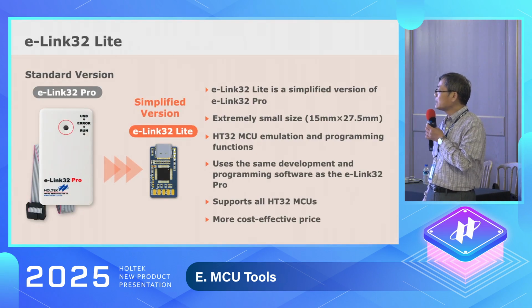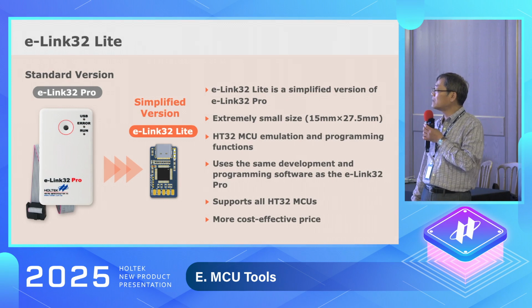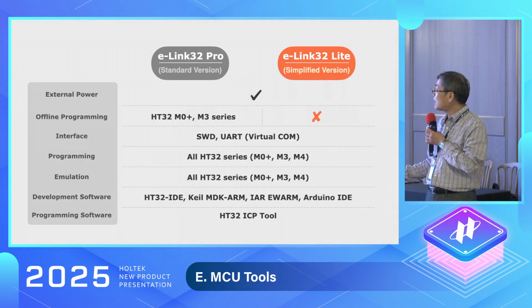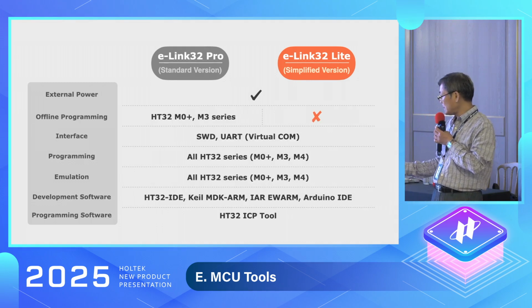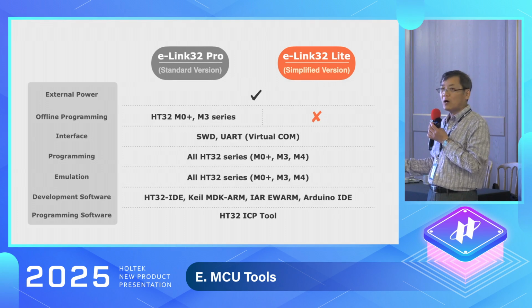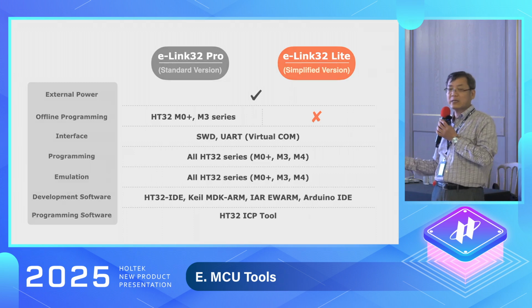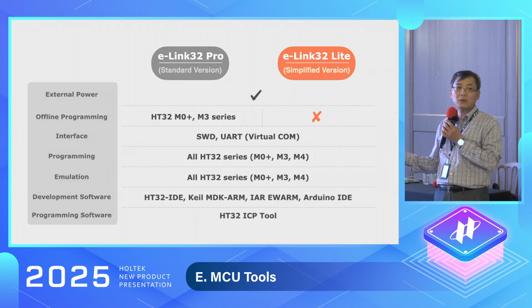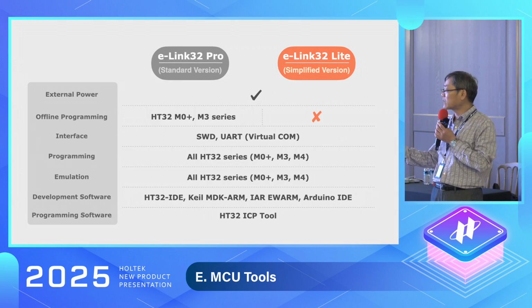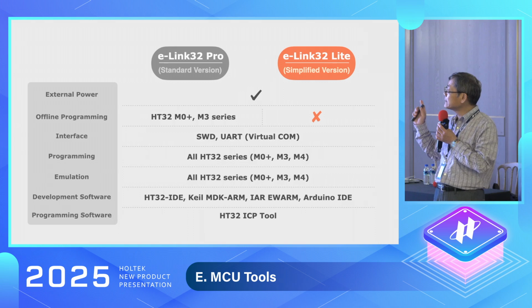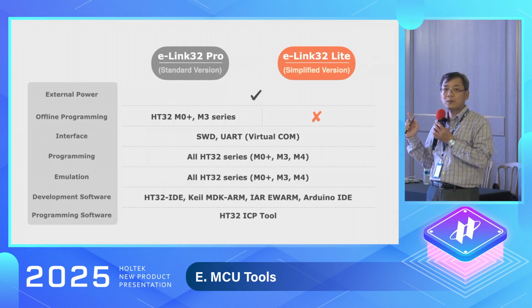E-Link 32 Lite is also a simplified version of E-Link 32 Pro. It's small and cheaper. Here's a comparison. They use all the same interface. They program all the same microcontrollers. They do all the same emulation. They use all the same software and programming software tools like ICP tool, except one thing: E-Link 32 Lite doesn't do online programming.